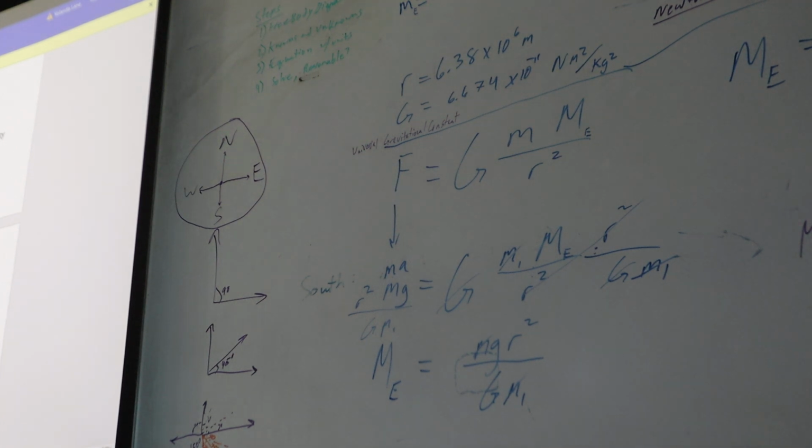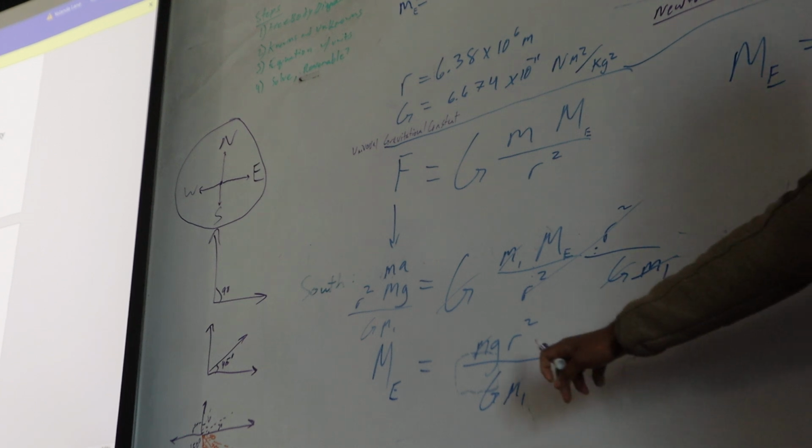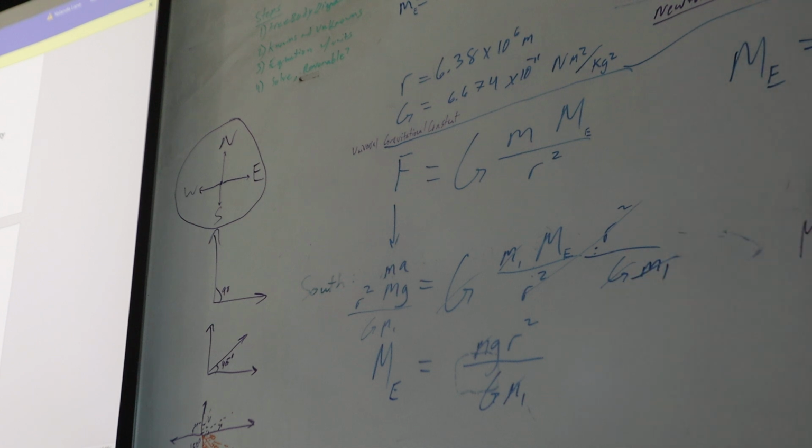Okay, so how did you get 3.99? Yeah, so 6.38 times 10 to the 6 squared. You're right, the radius, g times radius squared. So radius squared, 6.38 times 10 to the 6 squared, I got 4.07 times 10 to the 13.